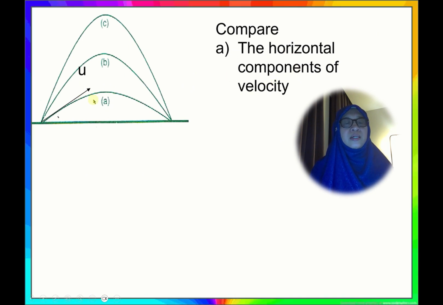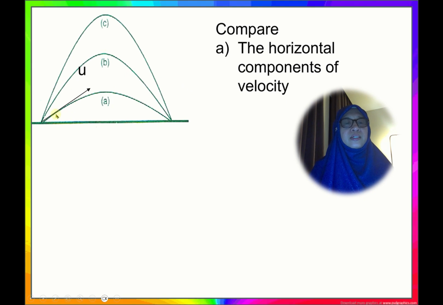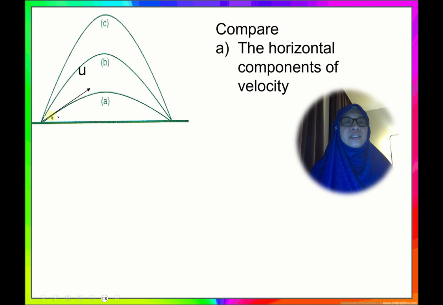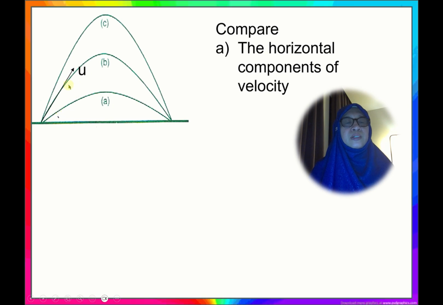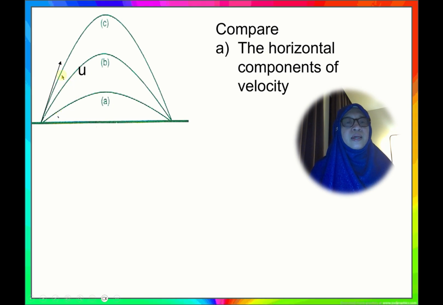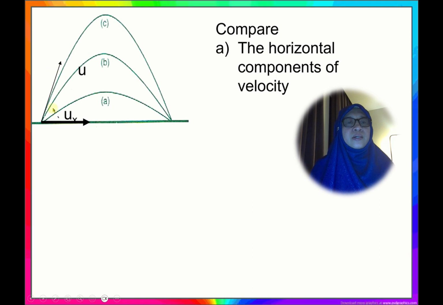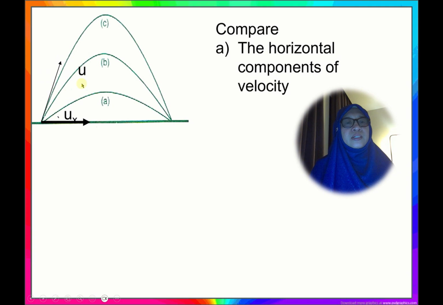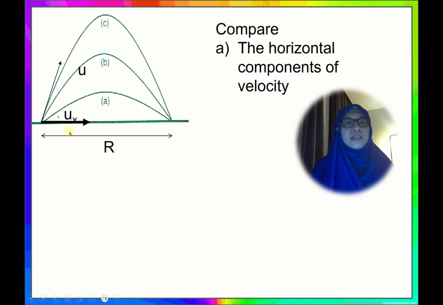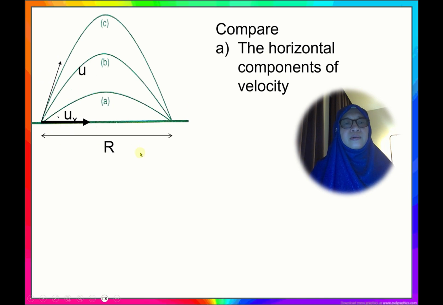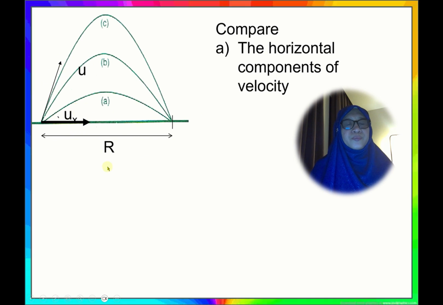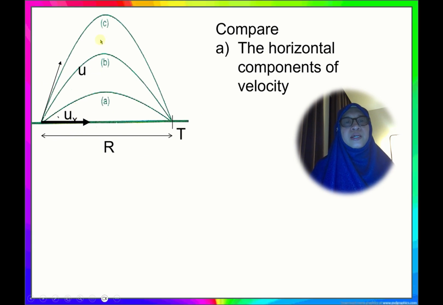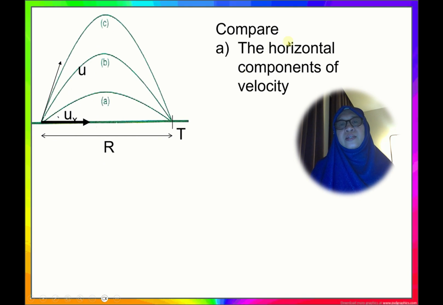The velocity of the projectile at a point on the curve is in the direction tangent to the parabolic curve, like this one, and the last one here for C. A, B, C. Okay, so the component will be ux, and the range is r, and we are going to compare the ux for A, ux for B, and ux for C. That's the question asked.